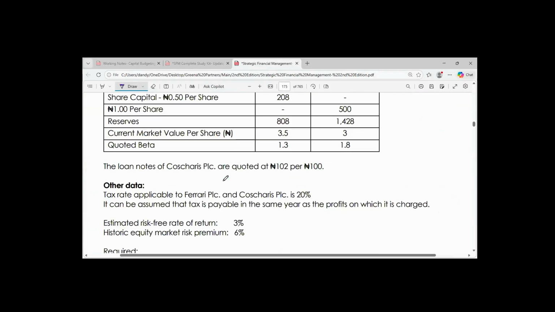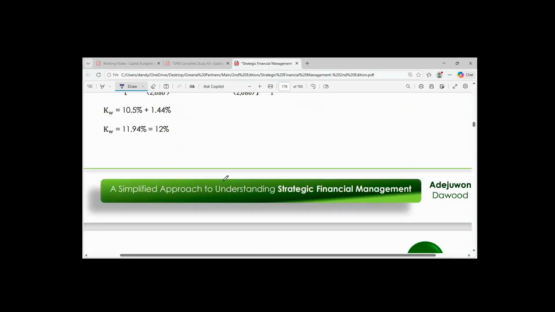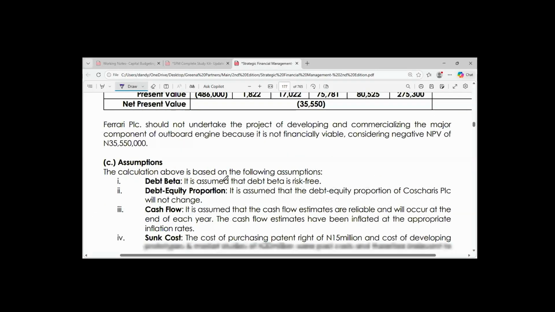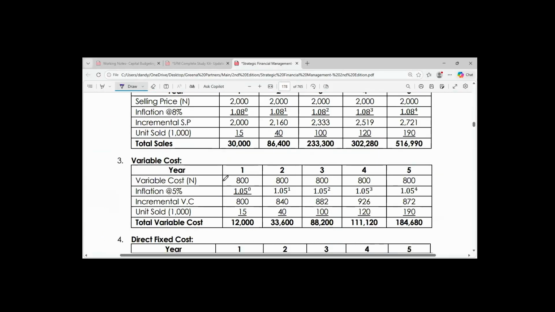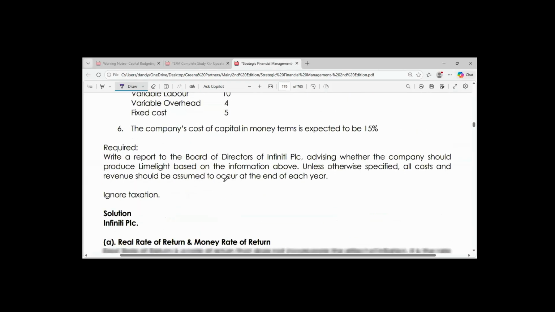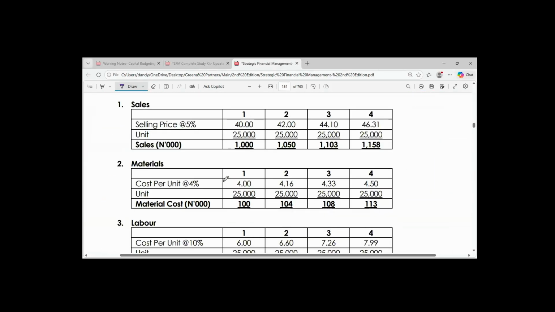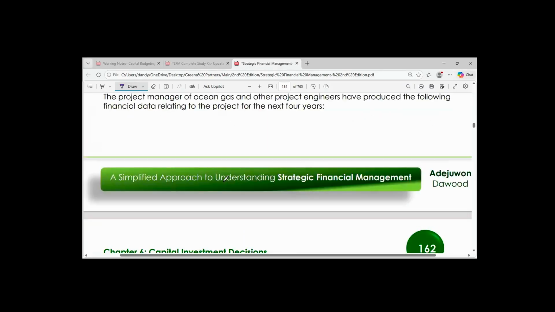You don't know where the examiner will come out to you, and that's why it's important when you are going for this ICAN exam, you have to be all out. You have to be well exposed so that wherever the examiner is coming to you, you will be able to do justice to the question.